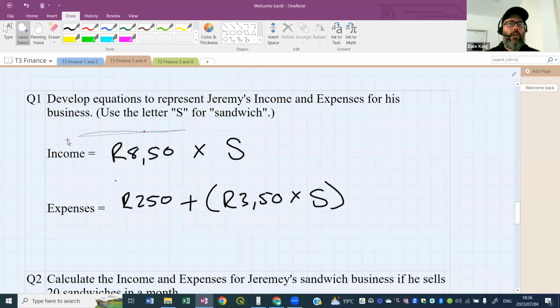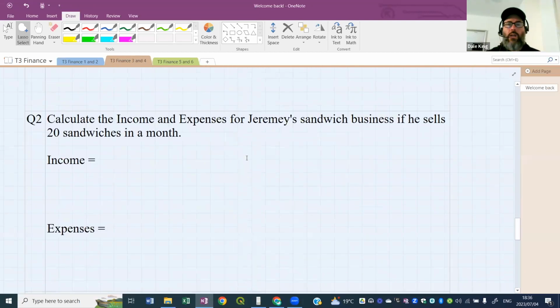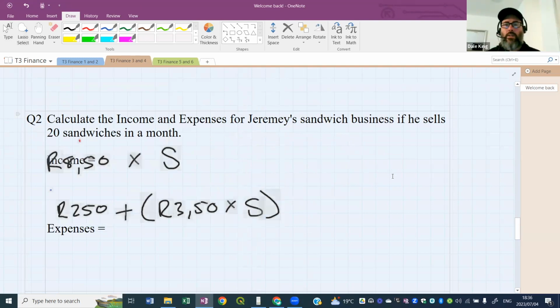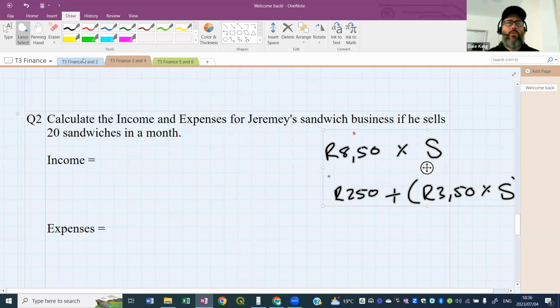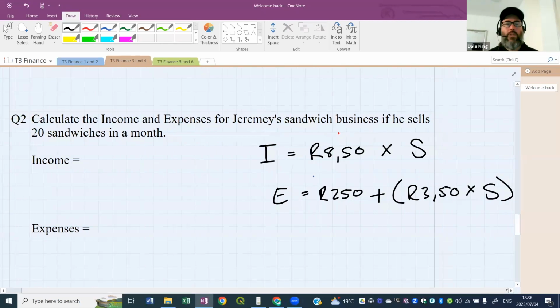I'm going to move down to the next question, and I'll put these equations up there for you because you need to use them now. Make it a little bit smaller. And I'm going to write here I for income and E for expense. Okay, so there's the income and expense formulae.